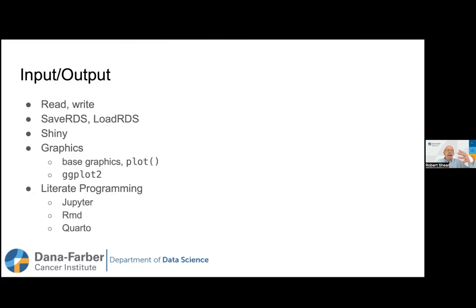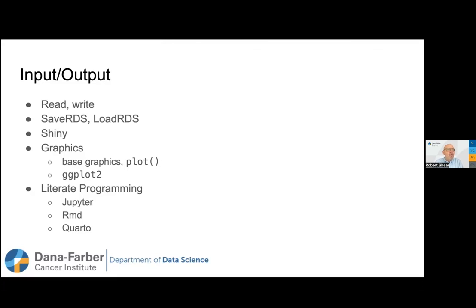So this is combining the story with the code itself. It's probably familiar to a lot of you as a Jupyter notebook. In R, there's something called Rmd, that's R Markdown, which is like a notebook. It works really well in RStudio.